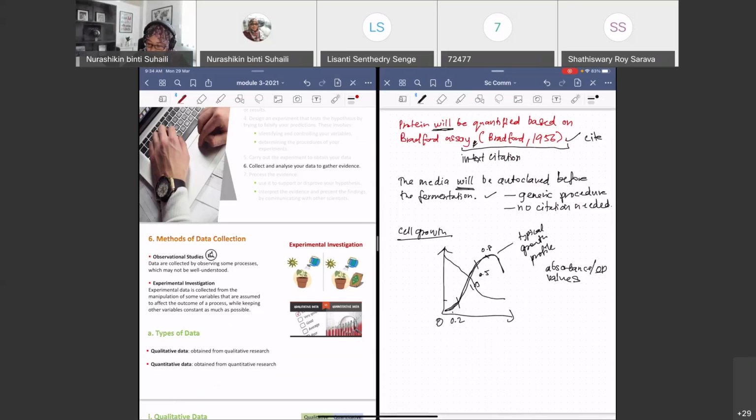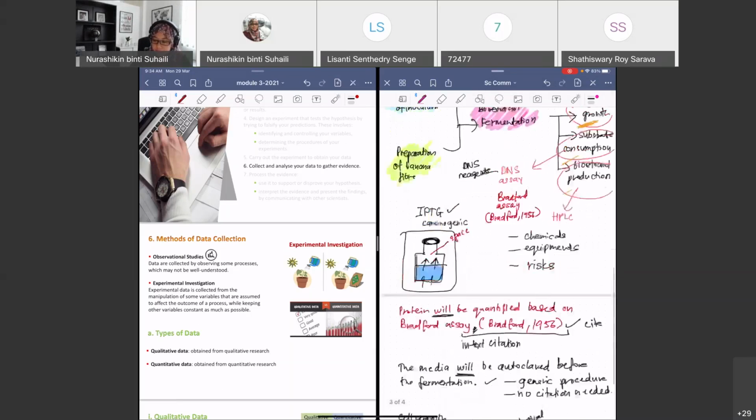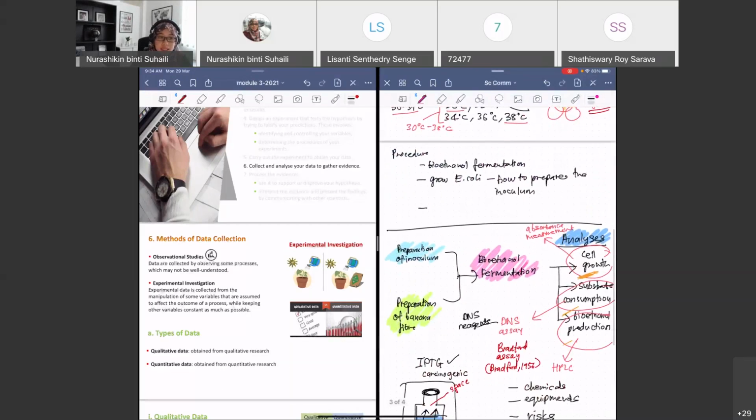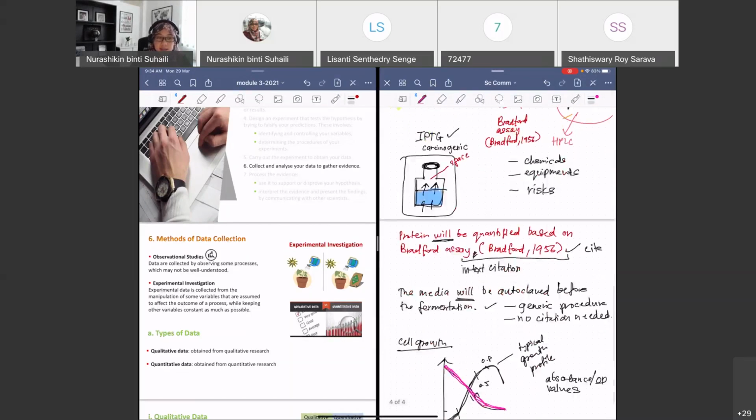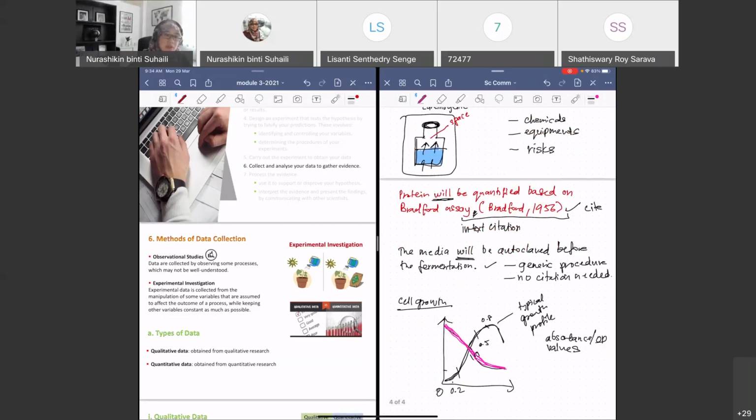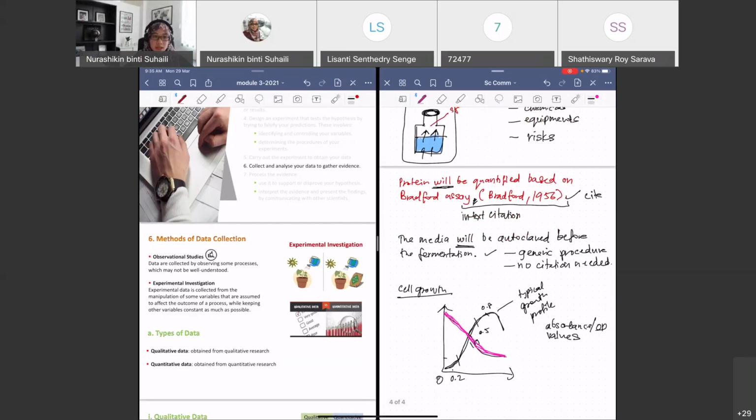So let's say we know that the banana fiber has glucose, right? Now we're talking about banana fiber. We know that it has glucose. So you analyze the change of glucose, and to know that, you also have to take the samples. Normally you take the samples and keep them for all the analysis: for the cell growth, for the substrate consumption, and for the bioethanol production, using different methods that you identified.